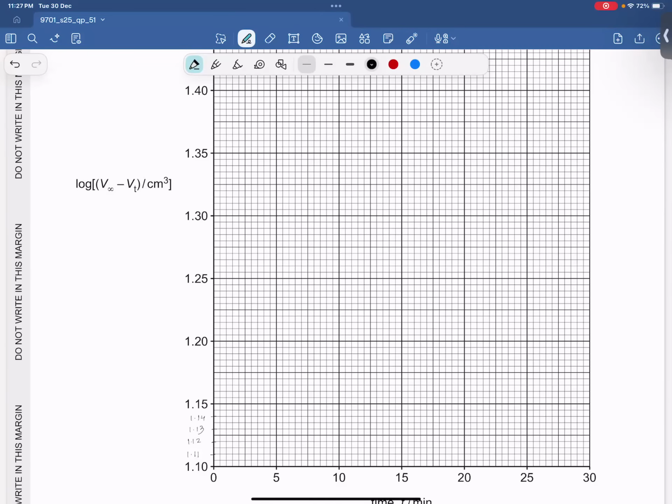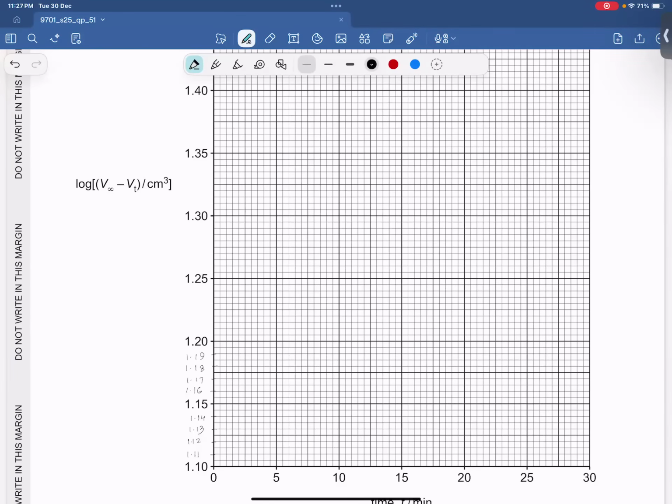And then 1.15, it's going to be 1.16, 1.17, 1.18, and 1.19.